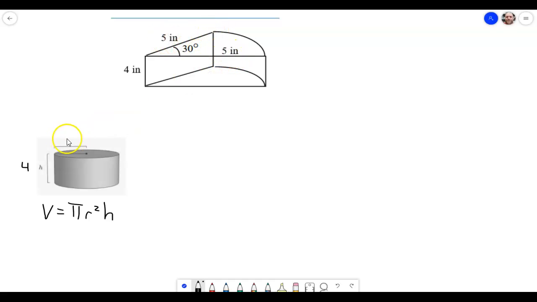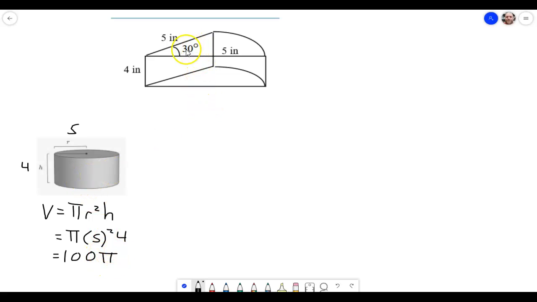Notice it's 5 here and 5 there, so the radius is 5. So we get pi times 5 squared times our height, which is 4. 5 squared is 25, 25 times 4 is 100. So we have a volume of 100 pi for the complete cylinder.